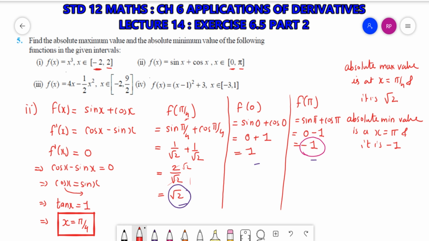Clear? So this was about the second part. Third and fourth, I am giving you to do by yourself. Okay, but remember, there can be more than one critical point. So for that, check the values of all the points for the given function. Okay, just note down this one.